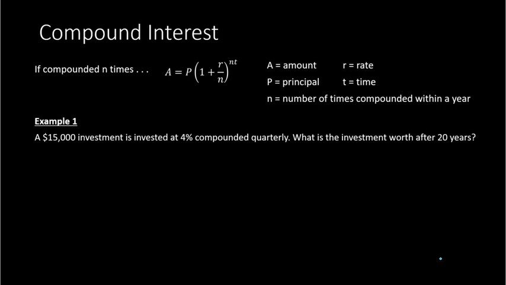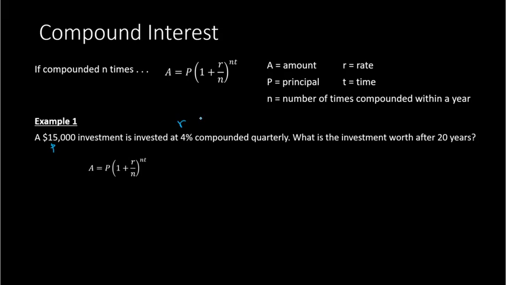Let's say a $15,000 investment is invested at 4% compounded quarterly. What is the investment worth after 20 years? So we can use the formula, and we see it typed up right here, and then we just plug in the numbers. So P, the principal, is going to be 15,000. The rate is 0.04, or 4%.